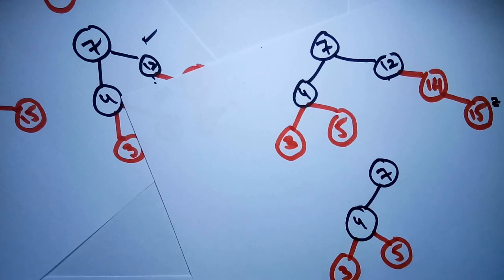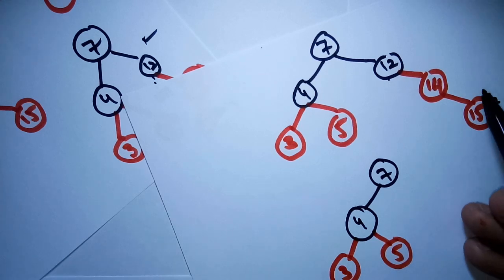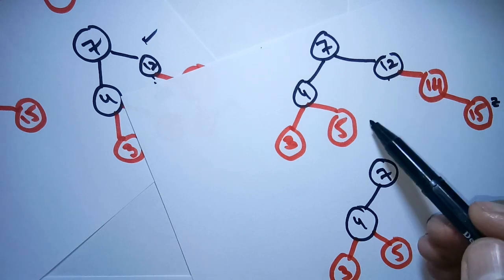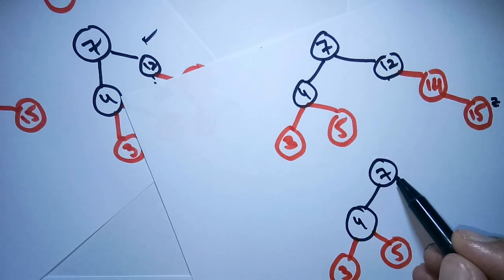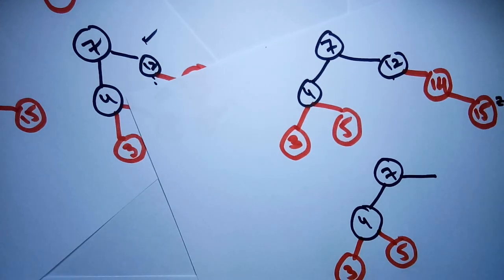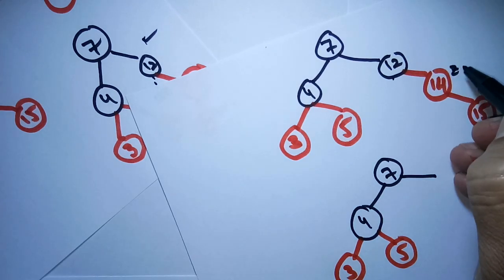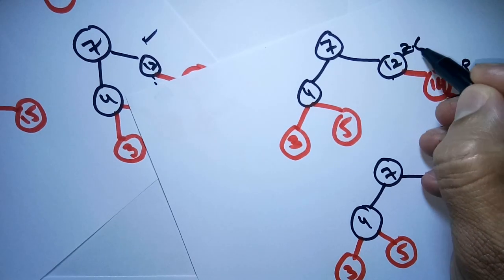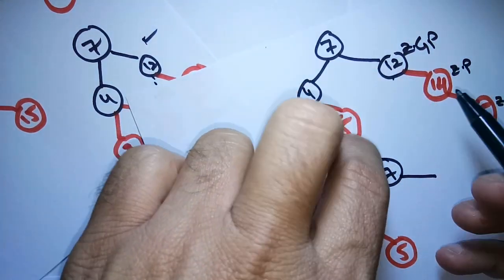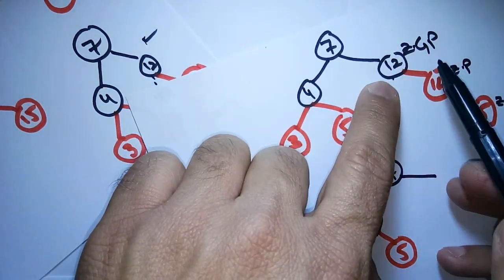This is the problem, 15. Rotate the grandparent in the opposite direction. If we rotate the grandparent, 14 will go up. Remember, this is the parent, z dot parent, and this is z dot grandparent. We need to rotate the grandparent in the opposite direction and change the color of parent and grandparent both.